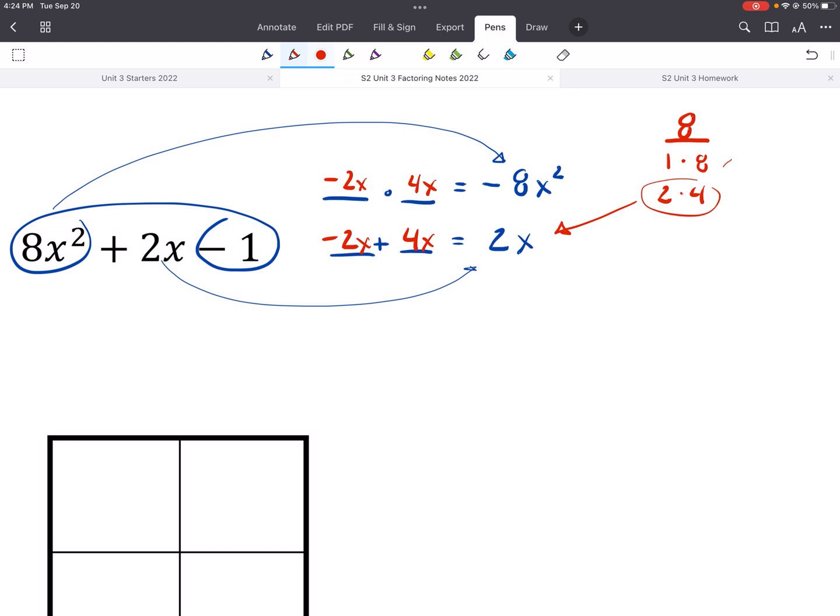So basically, we now know that 2x, that middle term, is equal to negative 2x plus 4x. So we would do 8x squared, and we substitute that in, minus 2x plus 4x, and then minus 1.